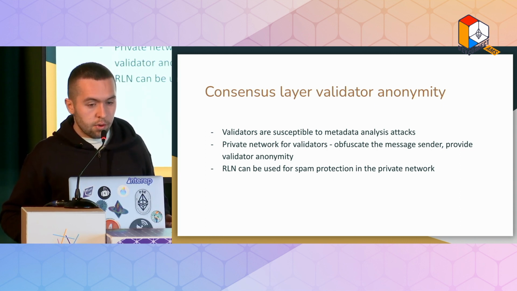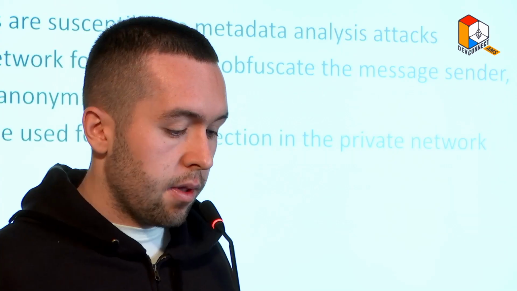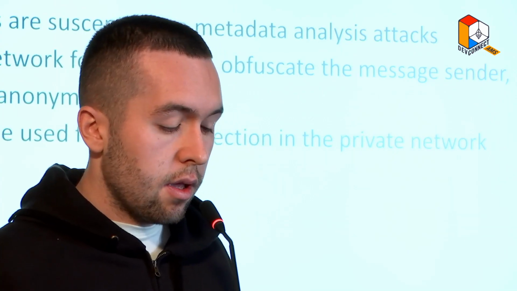They can also do attestation aggregations and that kind of stuff. The goal is to obfuscate the validator, and we plan to solve this by introducing a private network where only the validators can register and send messages. We plan to use the Dandelion method for this.